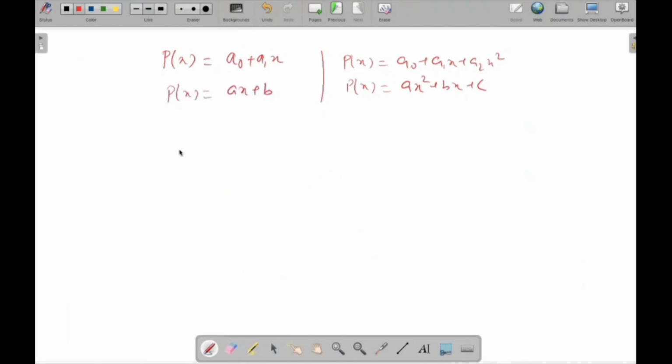And for a cubic, if p(x) equals a0 plus a1x plus a2x square plus a3x cube, we write something like p(x) equals ax cube plus bx square plus cx plus d.